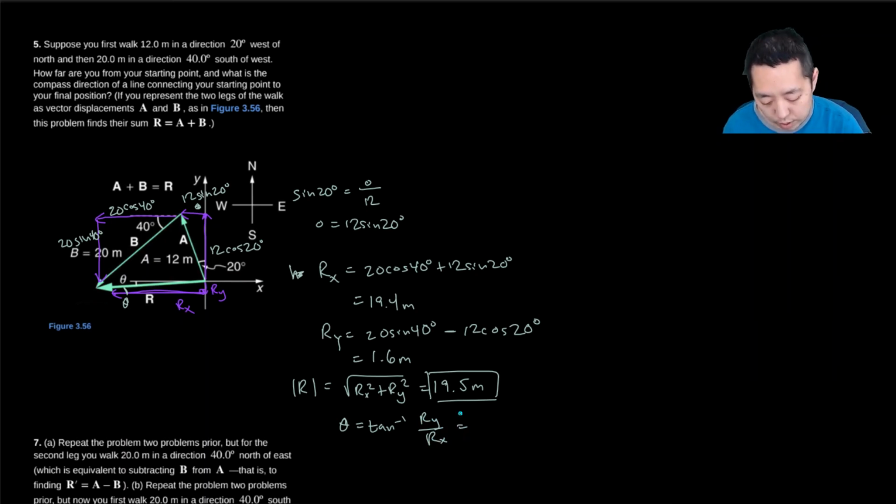And if I do that in my calculator, tan inverse of 1.6 divided by 19.4, I get 4.7 degrees. Okay, and that's it. And we would say this is south of west.